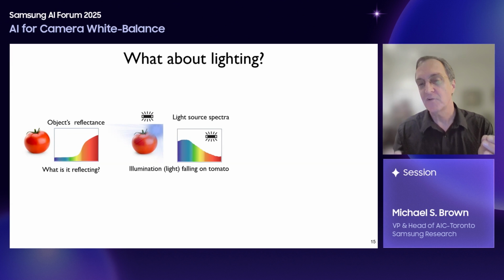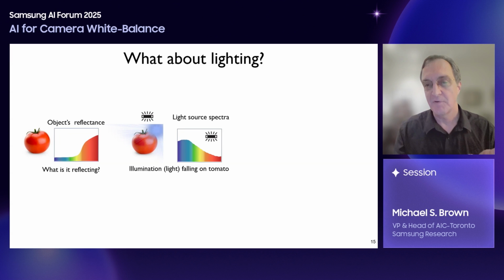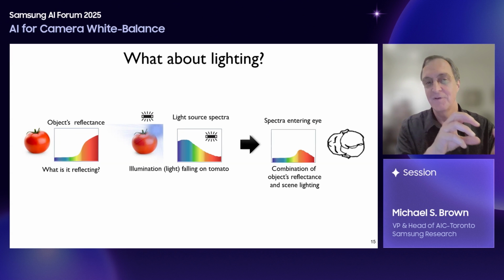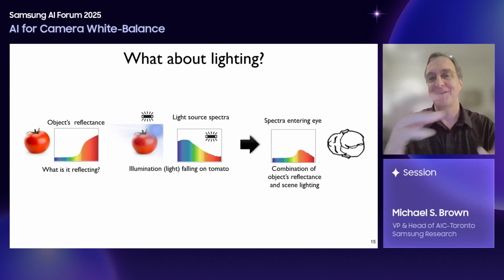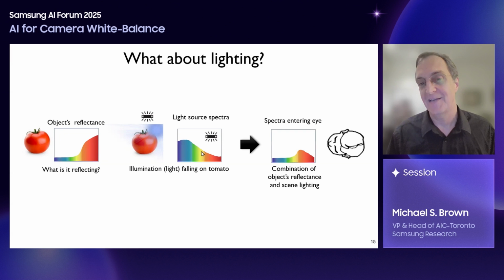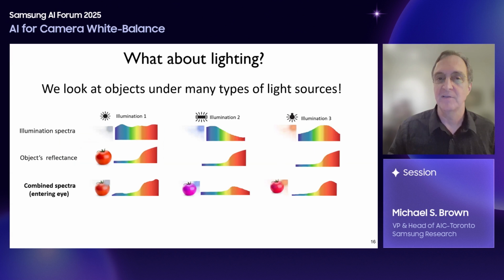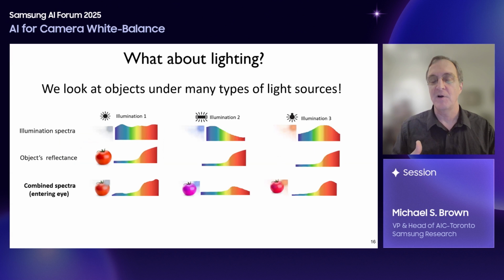So actually what's coming into your eye is the tomato reflecting the environment lighting. And so you don't actually get this spectra into your eye, you get a slight variation on it based on the lighting. Now, what's really interesting is you can observe the tomato under many different lighting conditions.